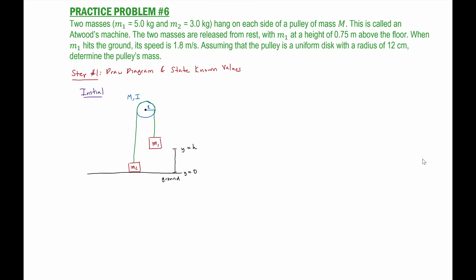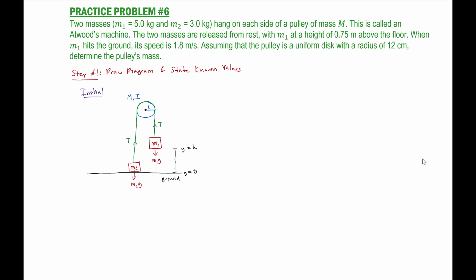So there's quite a few things to label here. We do have the force of tension pulling on each of the masses. We also have the force of gravity acting on each mass. So we have M1g acting here, and we have M2g acting on the second mass.